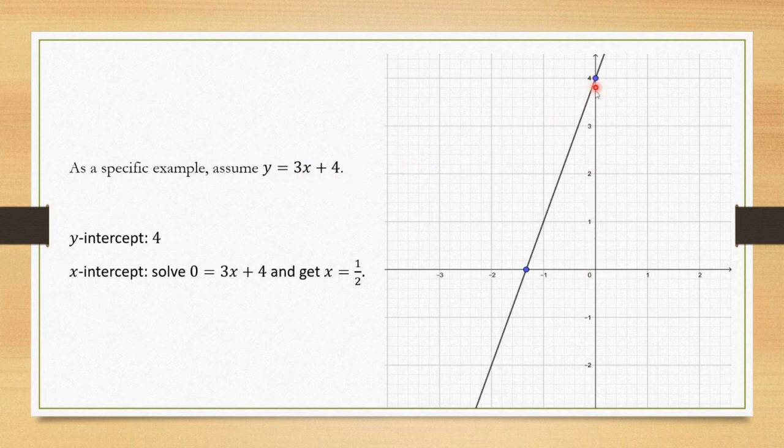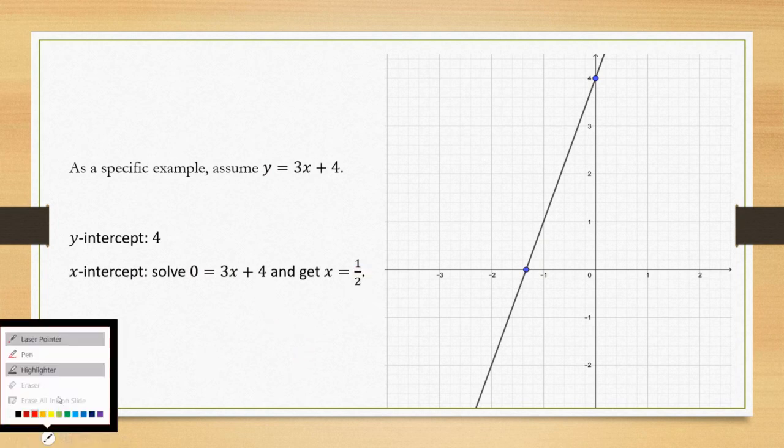When x is 0, it crosses the y-axis at 4. For the x-intercept, you set y equal to 0 and solve for x. Again, it's always the other variable. Y has to be 0. That's what we can use to figure out the x coordinate of this point. It turns out to be negative 4 over 3.